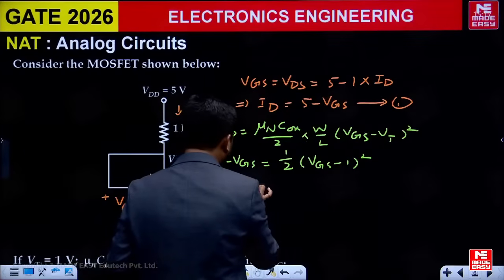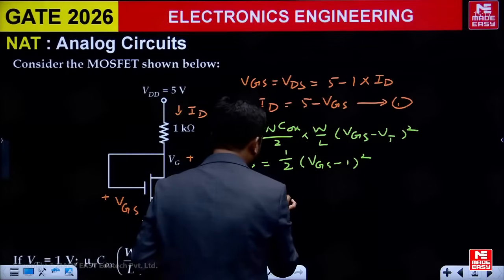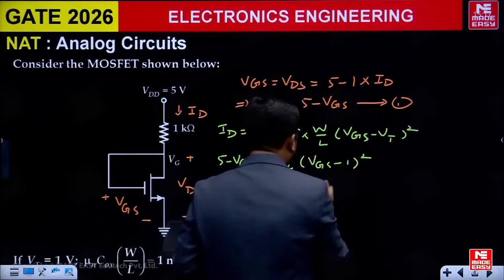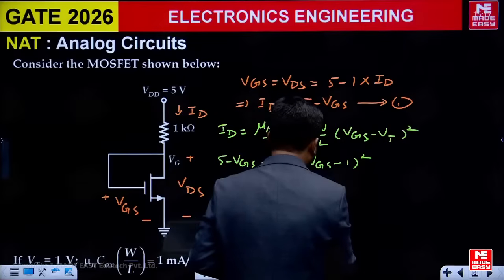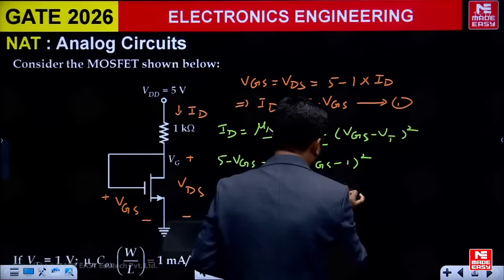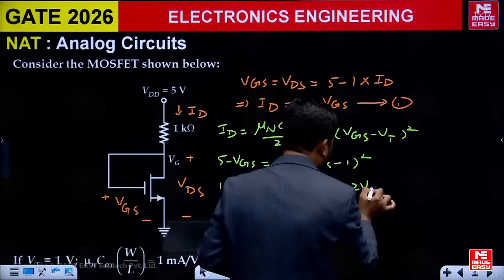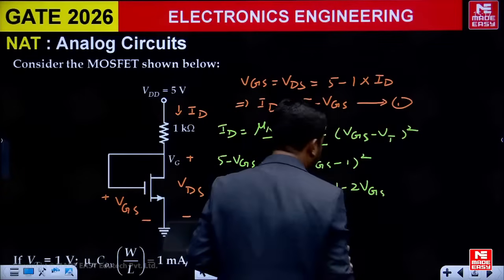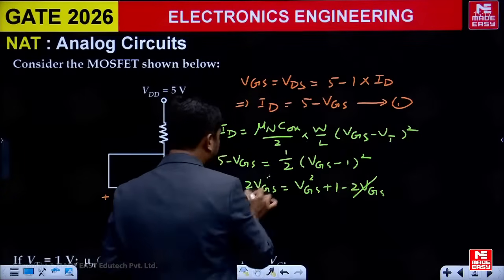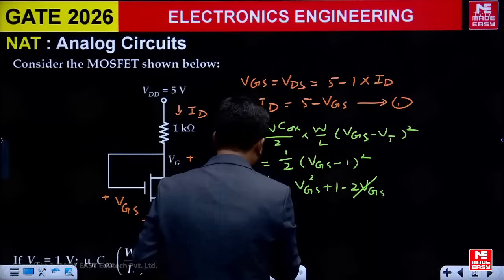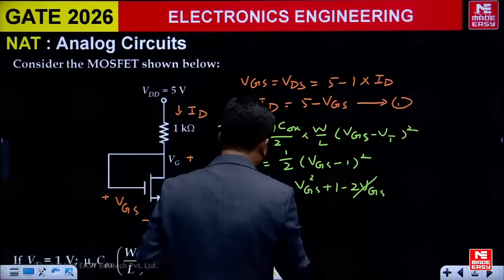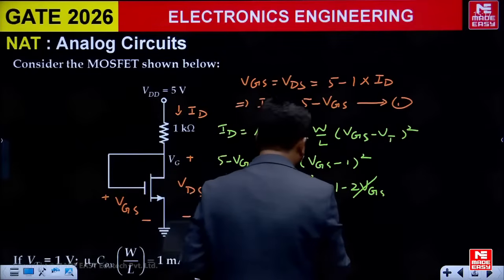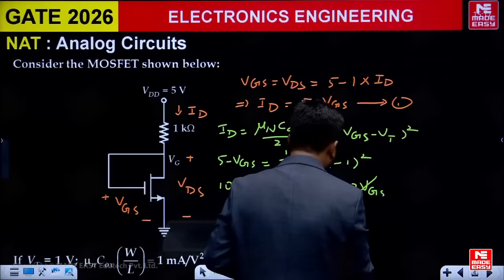It will become 10 minus 2 VGS equal to (A minus B) whole square, that is like VGS square plus 1 minus 2 VGS. Now from both the sides the 2 VGS term cancels, and we get VGS square equal to 9. So I will be getting here VGS equal to plus 3 as well as minus 3.